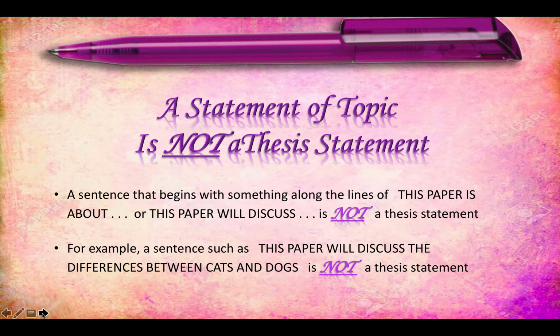So this paper is written to prove that this paper discusses the differences between cats and dogs? No. That can't be what the paper is written to prove, not in college. So this statement is not a thesis statement. Worse, it's a complete waste of time in short papers, such as the papers we're writing in this class.